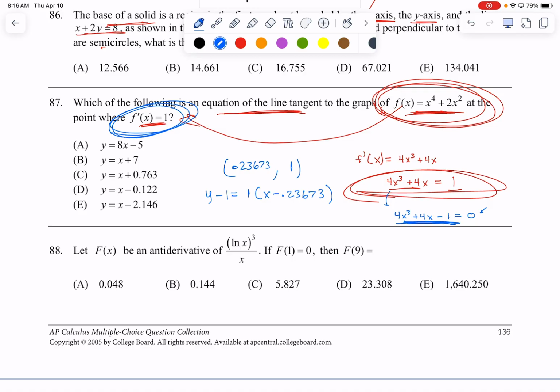Okay, so I distribute the 1. I'm going to get y minus 1 equals x minus 0.23673. I'll add the 1 to both sides. So what is negative 0.23673 plus 1? I think it's 0.76327. There you go. The answer's C.